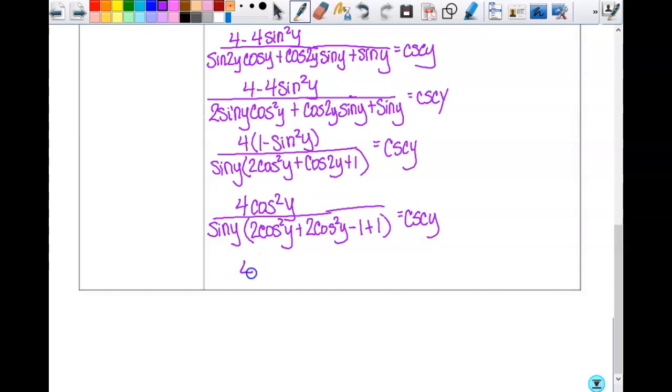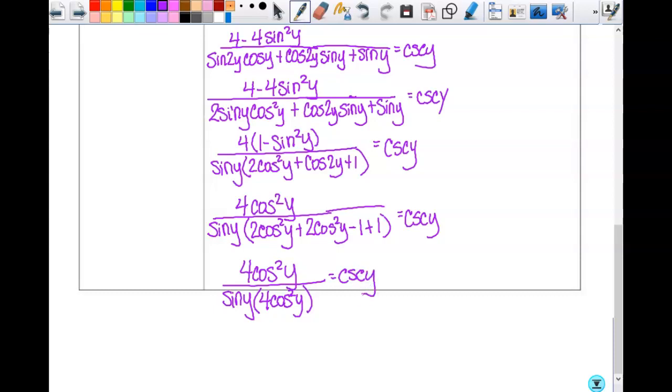So in the numerator, I still have 4 cosine squared y over this sine y. In those parentheses, 2 cosine squared plus 2 cosine squared is what? 4 cosine squared y. Then minus 1 plus 1 zeroes out, so that's it.